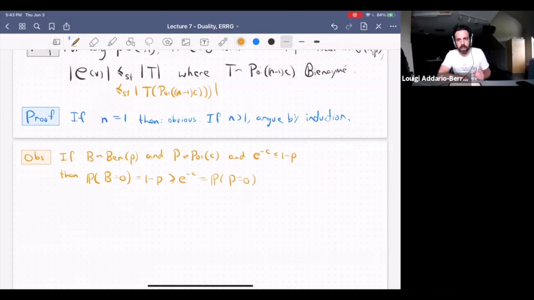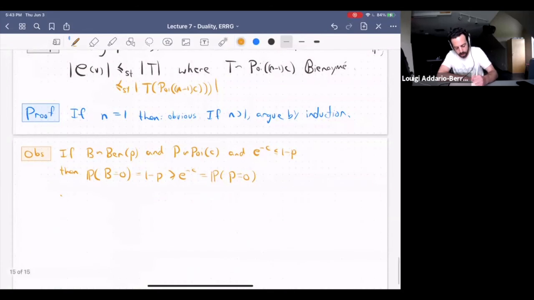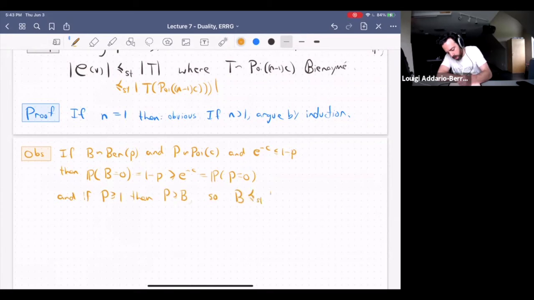So with these parameters, the Bernoulli random variable is more likely to be 0. But the Bernoulli is always at most 1, and if the Poisson random variable isn't 0, then it's at least 1. So P is at least B, and that implies that B is stochastically smaller than P.